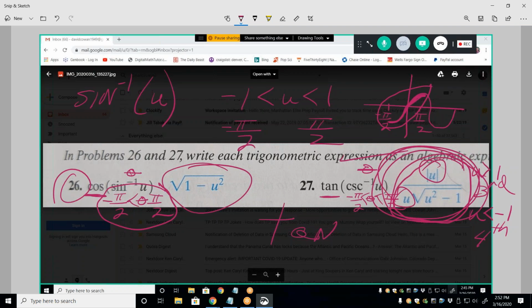So yeah, each inverse trig function has a domain restriction. Tangent, no, it doesn't, I don't think. But the sine and cosine both do. And since the cosecant is a reciprocal of the sine, both the secant and the cosecant do have domain restrictions.